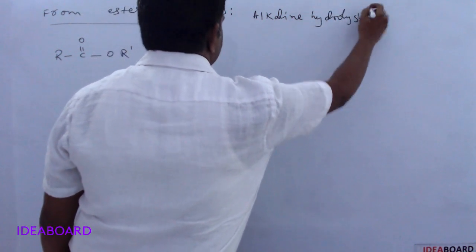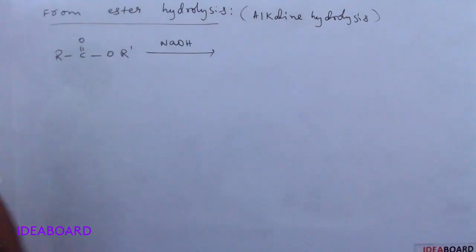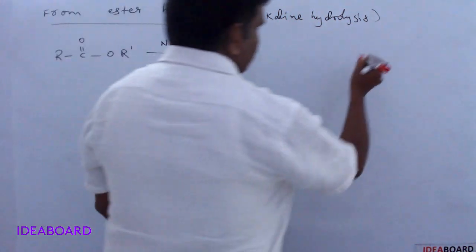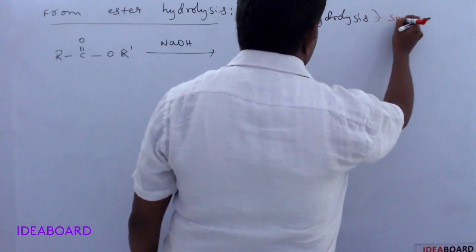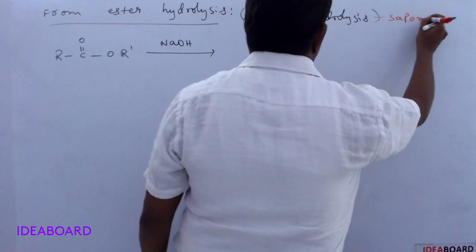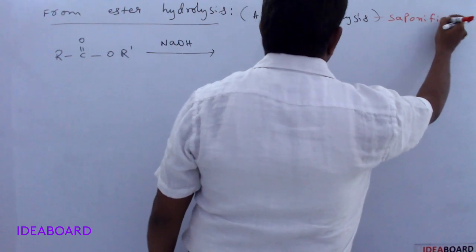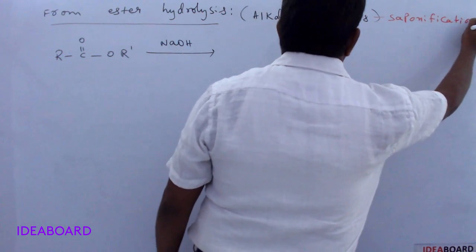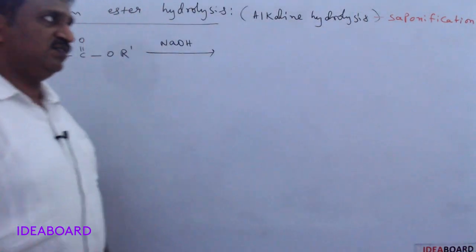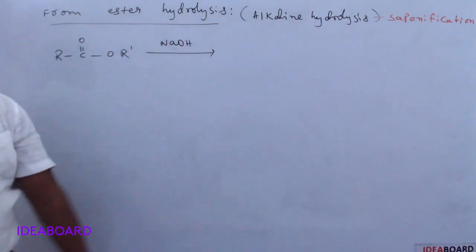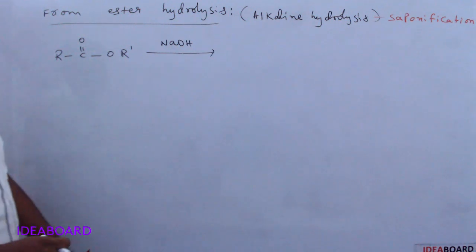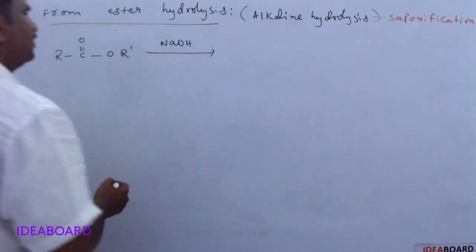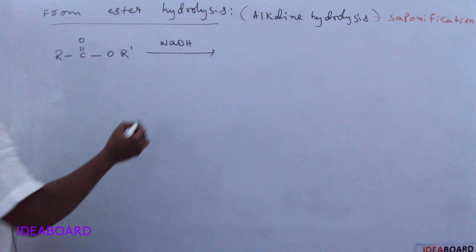Alkaline hydrolysis of esters is called the saponification process. Please remember, esters hydrolysis in the presence of strong bases is called saponification. And in this alkaline hydrolysis, what happens first?